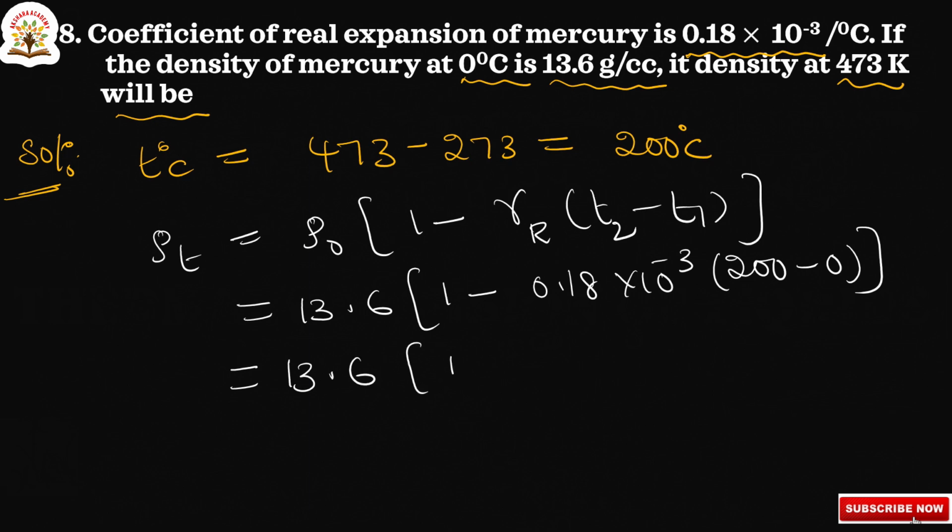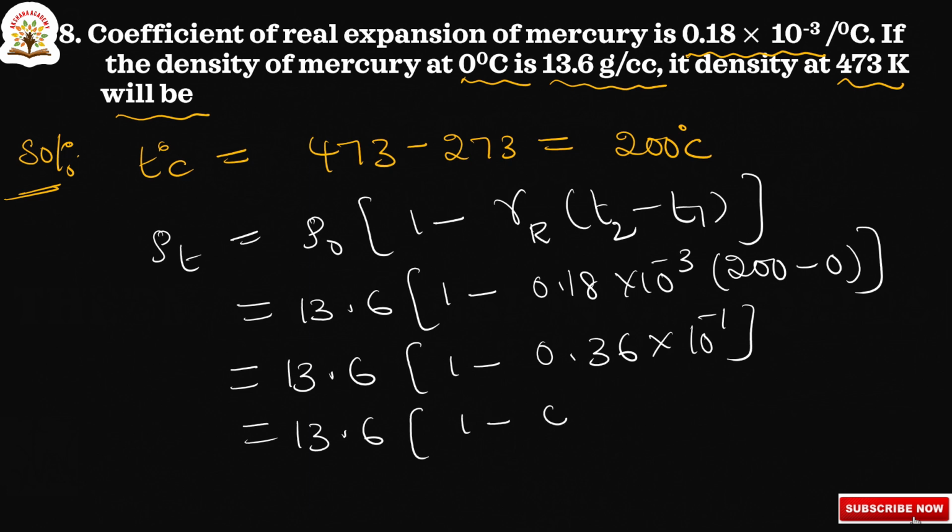That equals 13.6 into (1 minus 0.18 into 200 into 10 to the power of minus 3). 0.18 into 200 is 36, into 10 to the power of minus 3, which can be written as 0.036.